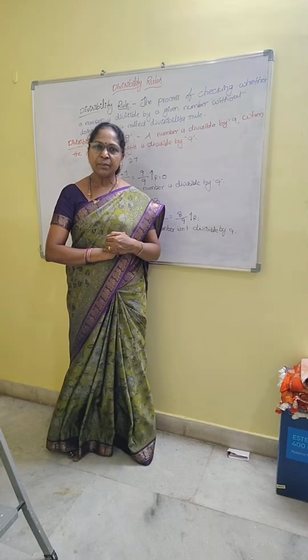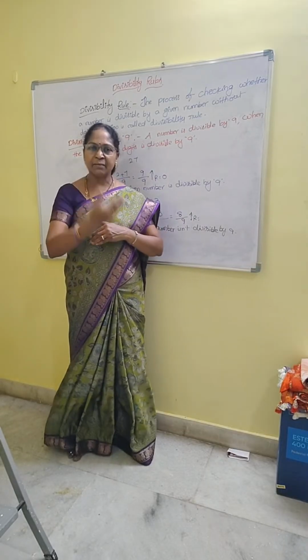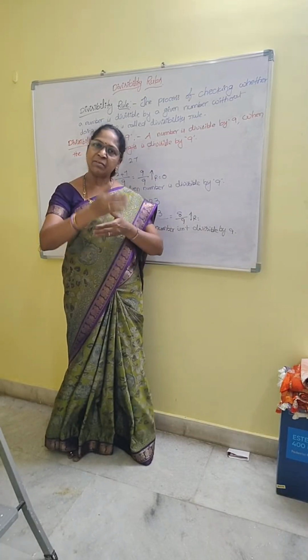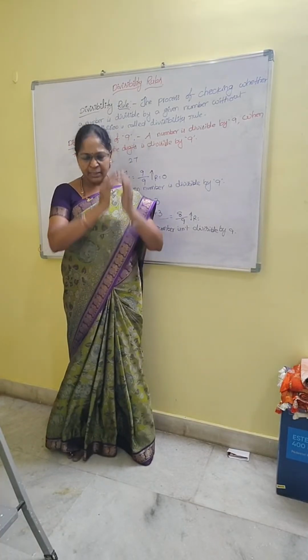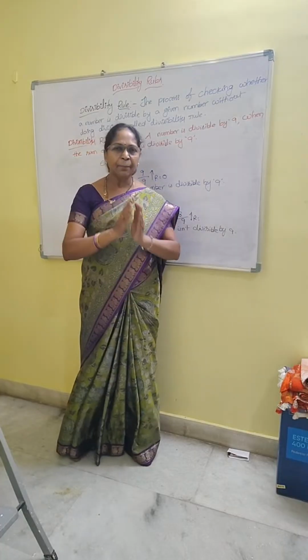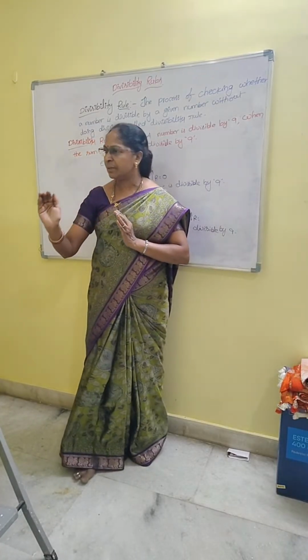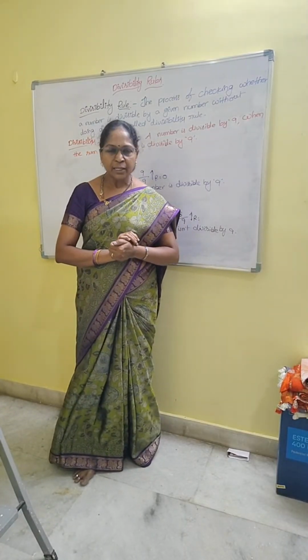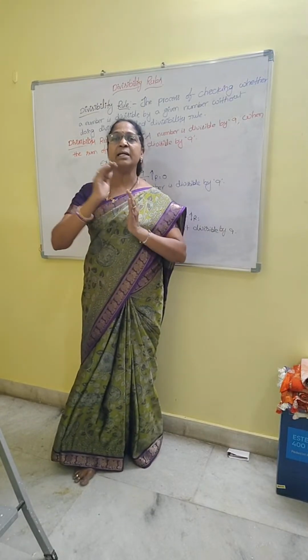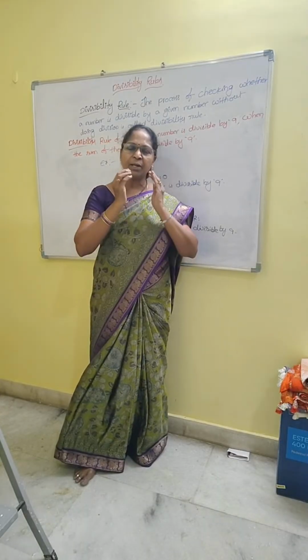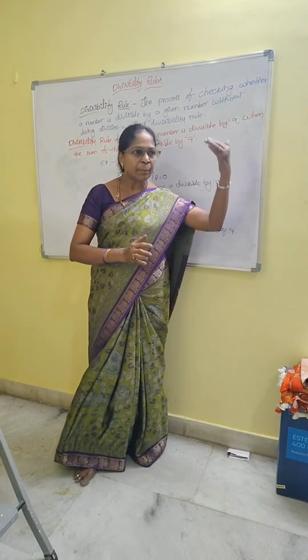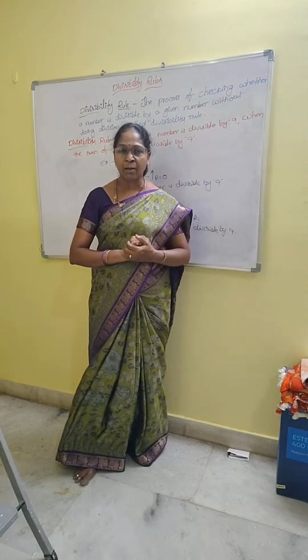What is the divisibility rule? Without doing division, you check whether the given number is divisible by the other number or not. That process we call a divisibility rule. If you know these divisibility rules, then you can easily find out whether a number is divisible by another number or not.